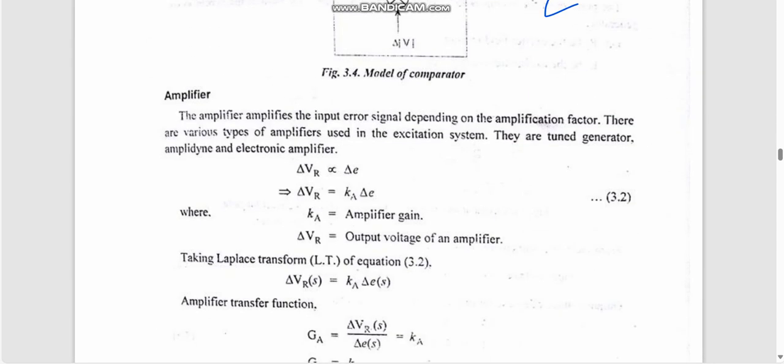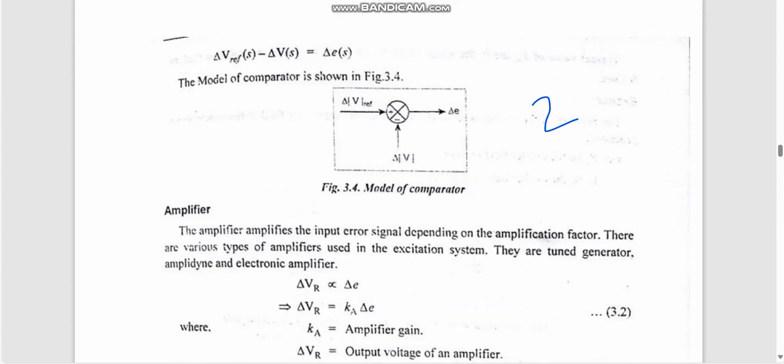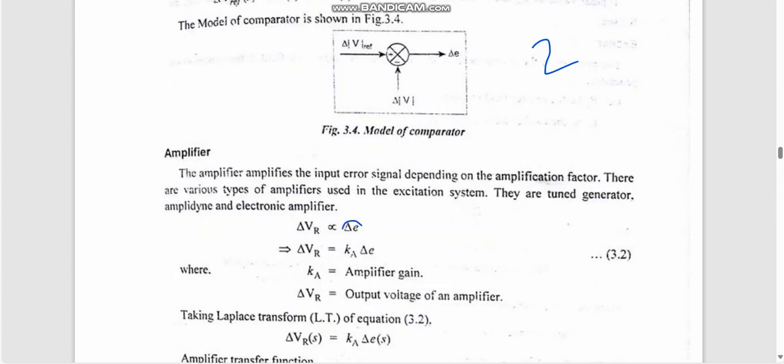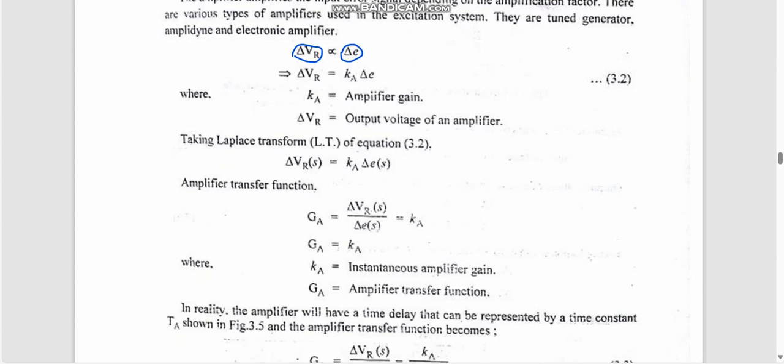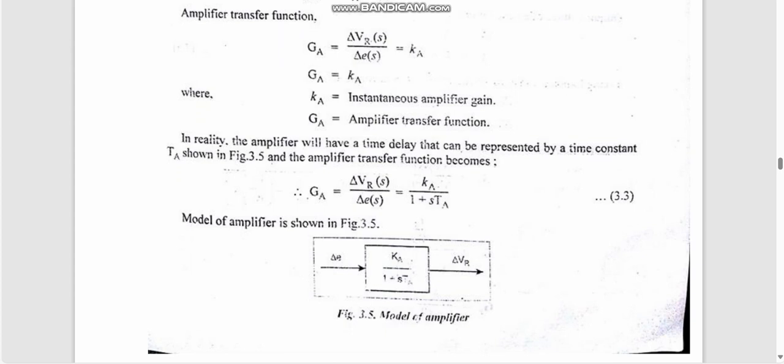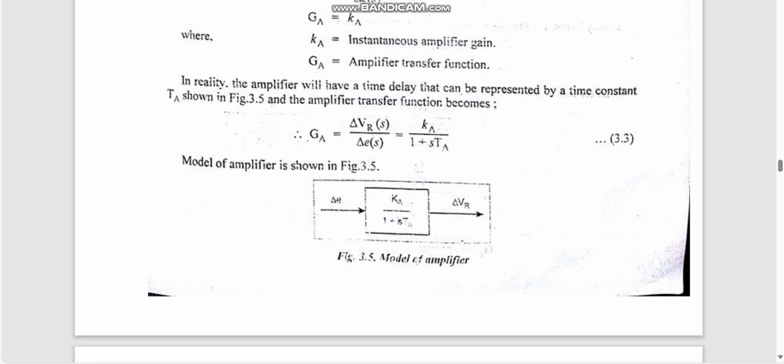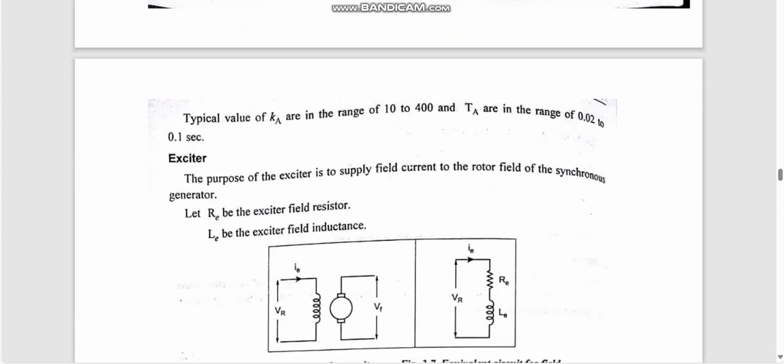Next, the amplifier. The output of the comparator is the input for the amplifier, that is delta E. The output of the amplifier, delta VR, is directly proportional to the input from the comparator. From that we have to derive the function and model the amplifier. You will get 2 marks. Next, we have to model the exciter.